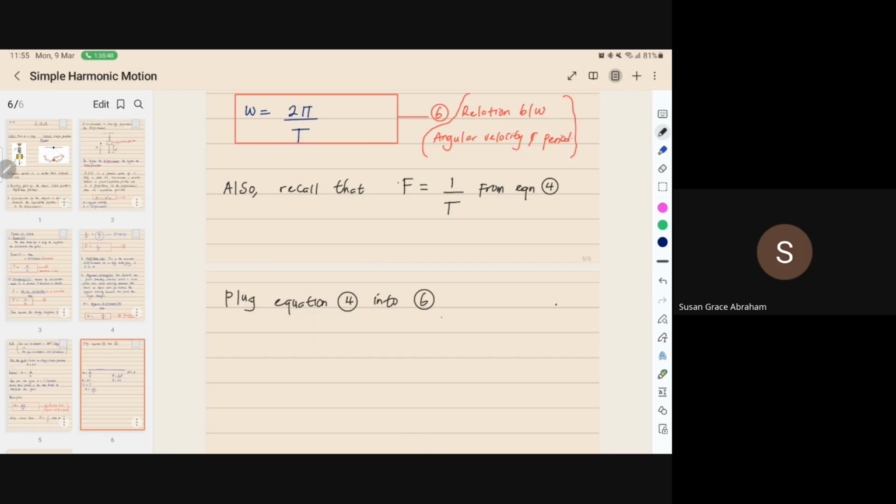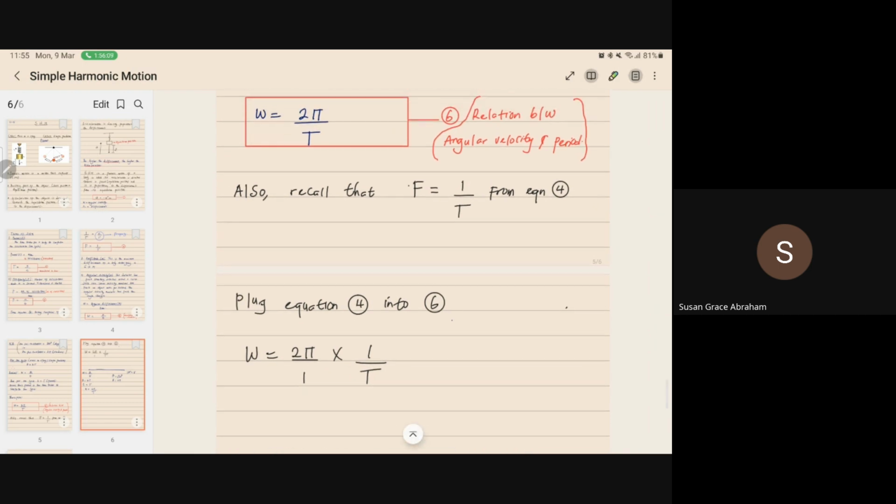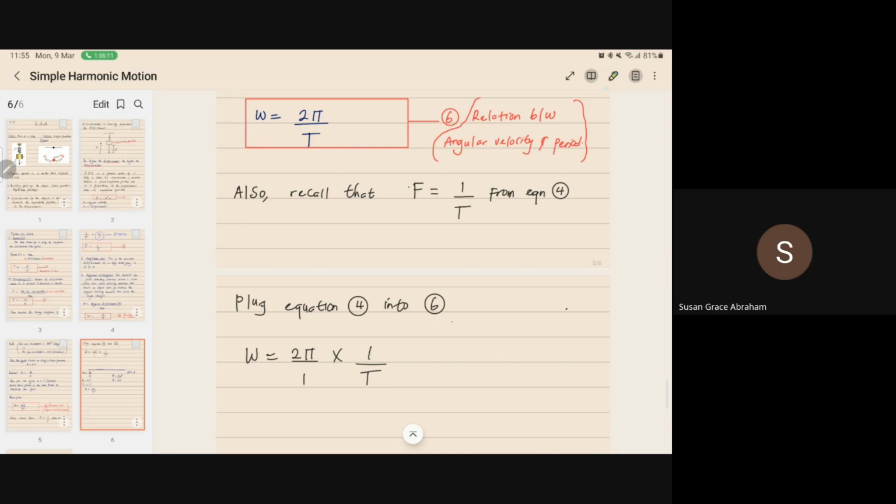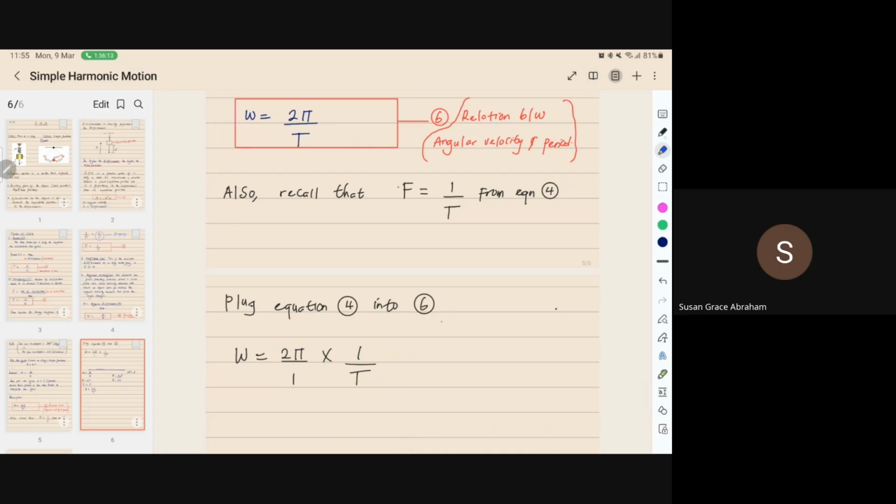All right. So when you plug equation 4 into 6, remember that equation 6 is w equal to 2 pi all over 1 times 1 over T. I can split the equation like this. Nothing has changed, people of God. Anywhere I see 1 over T, I will plug in f, right?